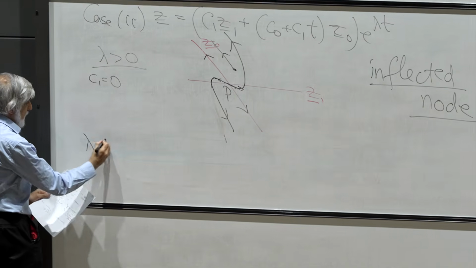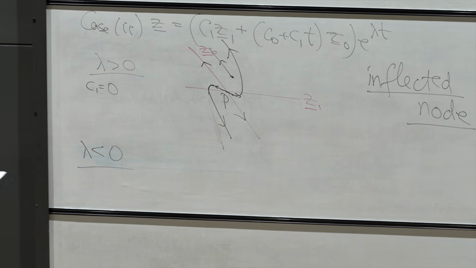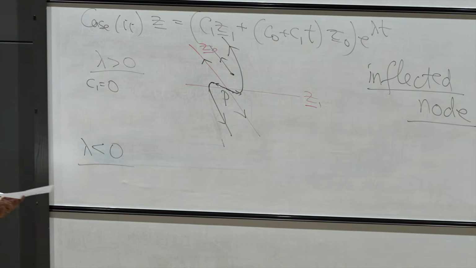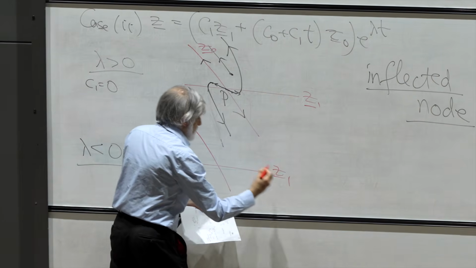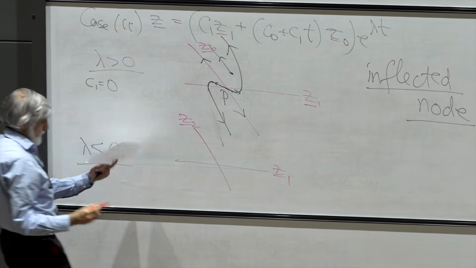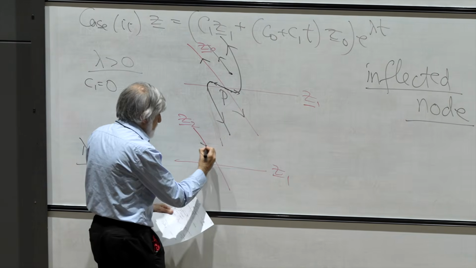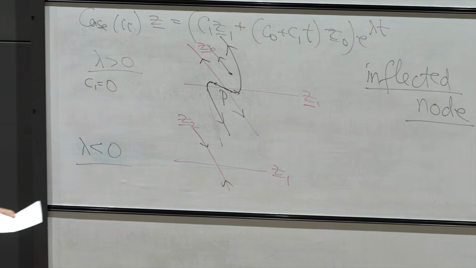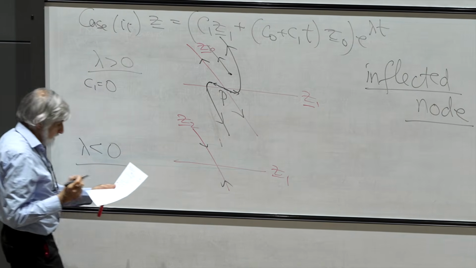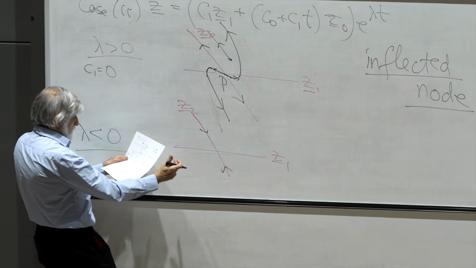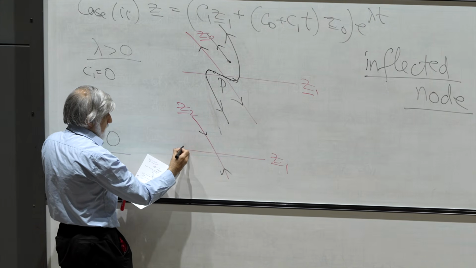What happens if lambda is less than 0? Then again, we're going to have that one, if we take C1 to be 0. And now what's going to happen if we start here?